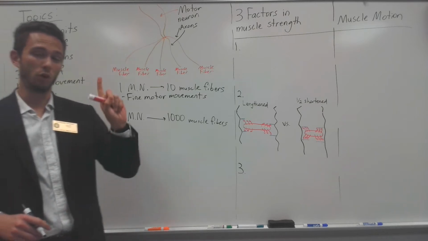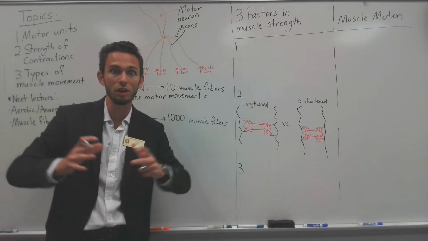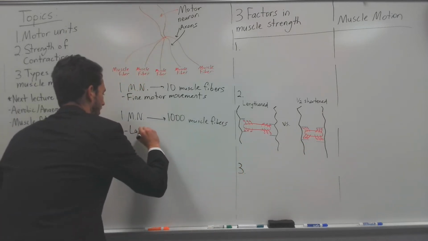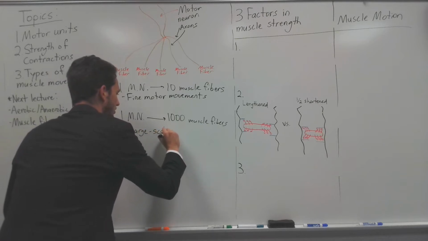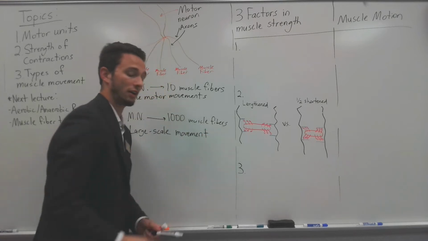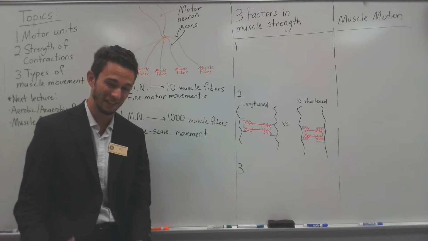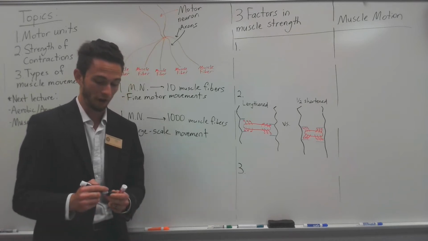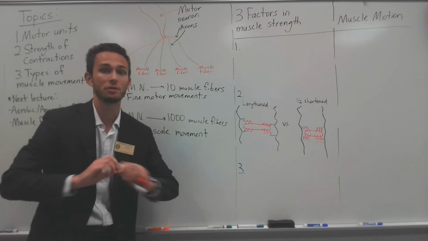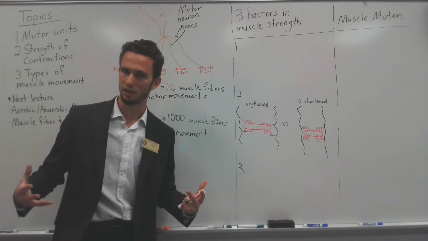Whereas, if you have one motor neuron coming down and innervating thousands of muscle fibers, so a large number of muscle fibers, this is going to be more large-scale movement. So if we think about that, there are motor neurons that go down to your legs, perhaps your rectus femoris, your vastus lateralis, big muscle groups in your legs where only a few motor neurons are coming down and innervating thousands to millions of muscle cells to contract them in a very large-scale manner.